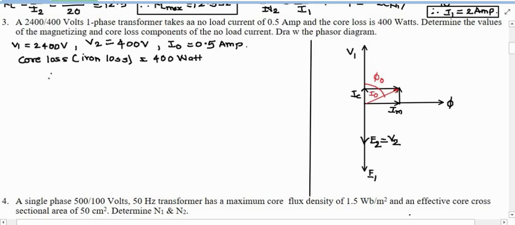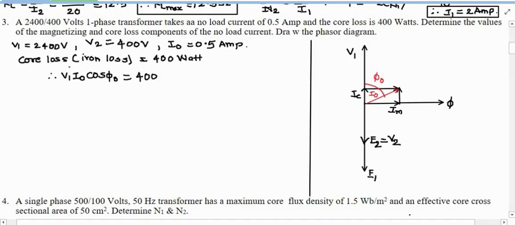We know that the power taken from the supply by the transformer at no load is V1 I naught into cosine of the angle between both, means cos of phi 0. It is 400 given to you. Means power is taken from the supply to overcome the losses only.